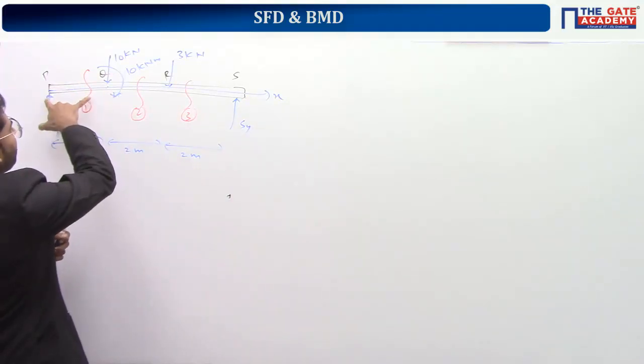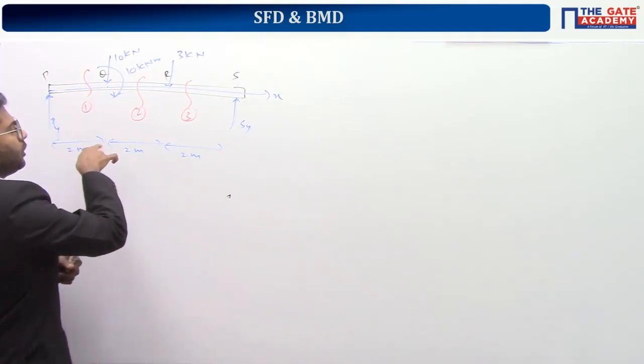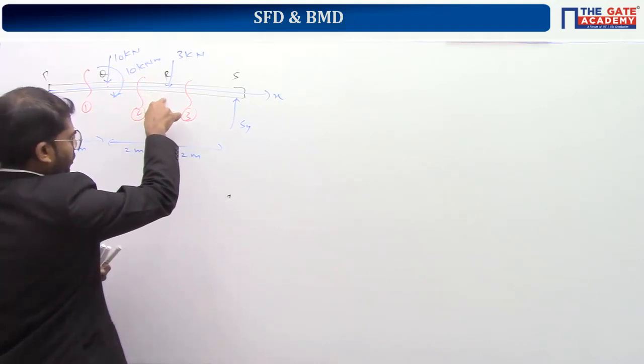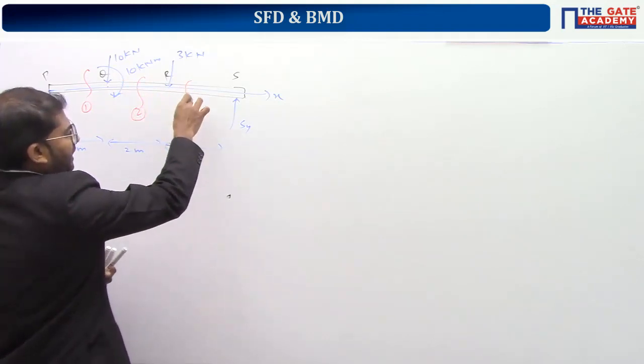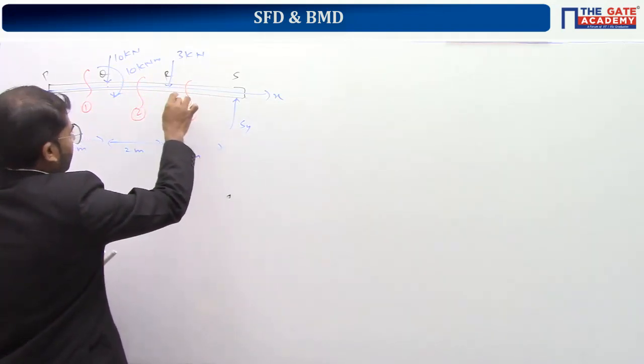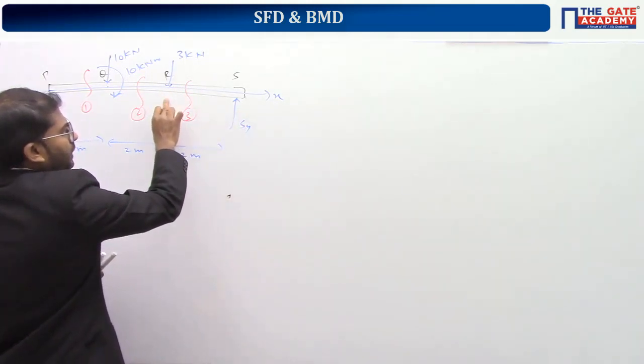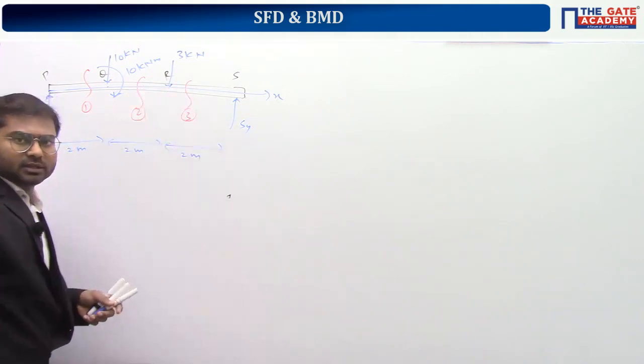The left part of the first cut covers 0 to 2, not including 2. The left part of the second cut covers 2 to 4, where 4 is not included. The left part of the third cut covers 4 to 6, so 4 is included in the left part of the third cut.